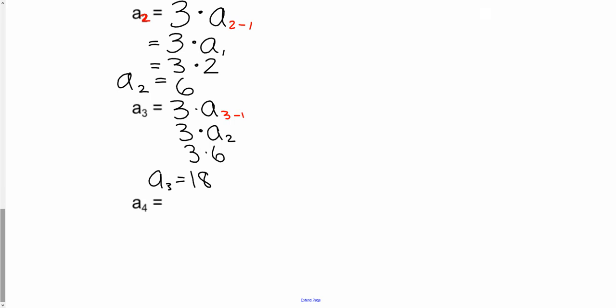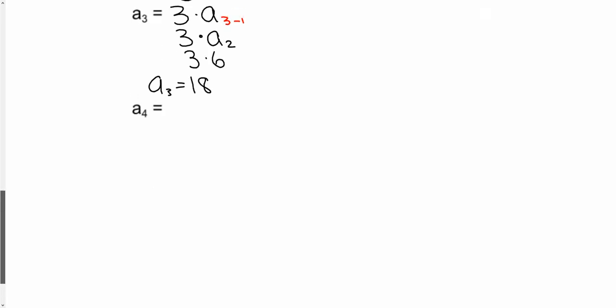So if I go all the way out to the fourth number, following the same formula, this is 3 times a, and it's always n minus 1 because we have to use the last answer. So this would be 4 minus 1. Since I'm on 4, I plug in 4. That part right there gives me 3.